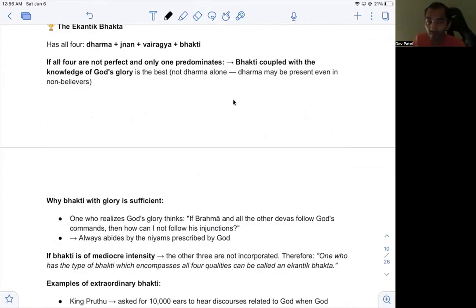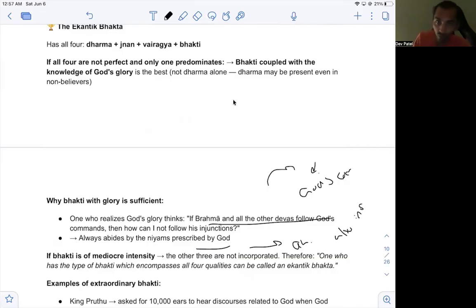Why is that sufficient? One who realizes this sees that if all the other devs follow God's commands, how can I not follow his injunctions? And Dharma, Jnana, and Vairagya also increase through that understanding.